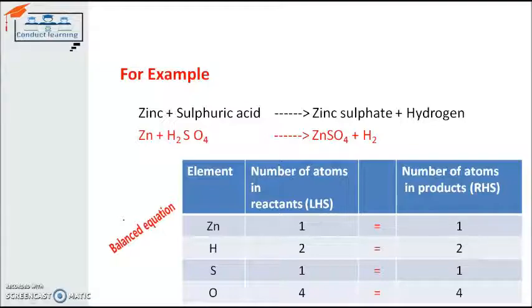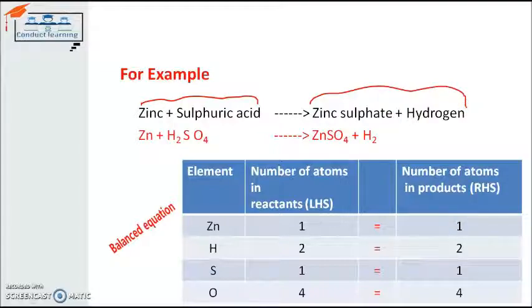For example, here is a chemical reaction where zinc and sulfuric acid are the reactants, giving the products zinc sulfate and hydrogen. The elements on the left hand side are known as reactants, and those on the right hand side of this chemical equation are known as products.